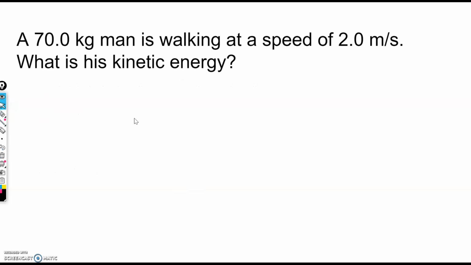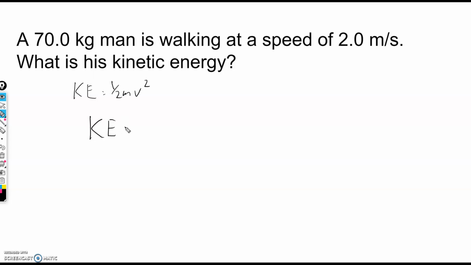So let's look at an example. Okay. So we know that kinetic energy is 1/2 mass times velocity squared. So we have a 70 kilogram man walking at a speed of 2 meters per second. What's the kinetic energy? So it's pretty straightforward one.